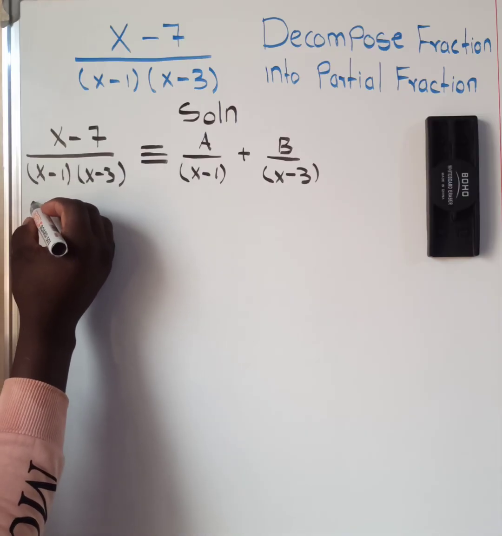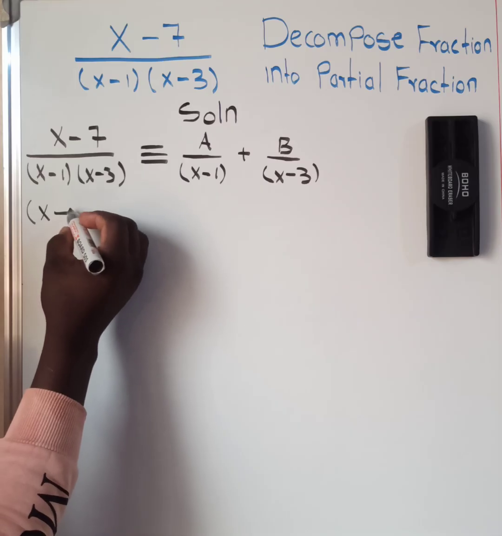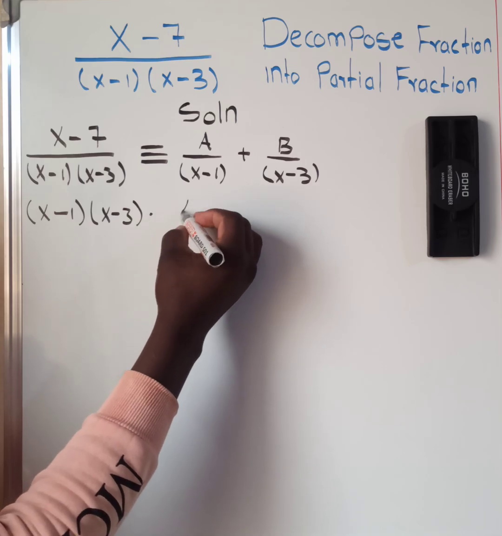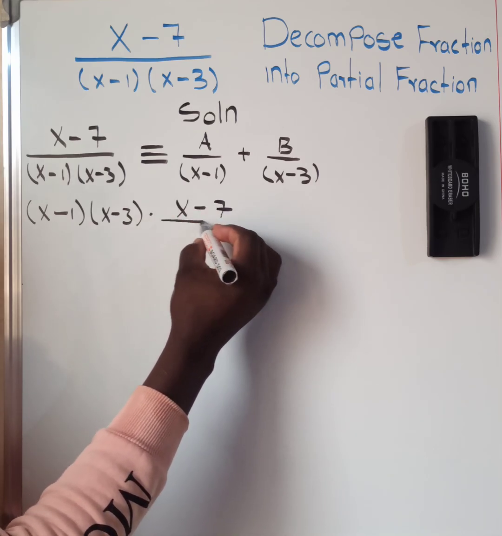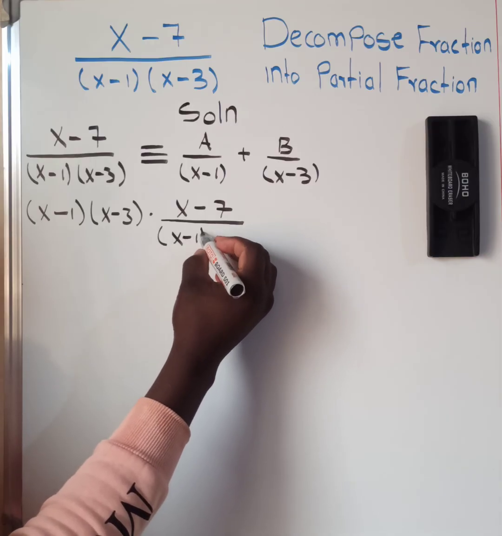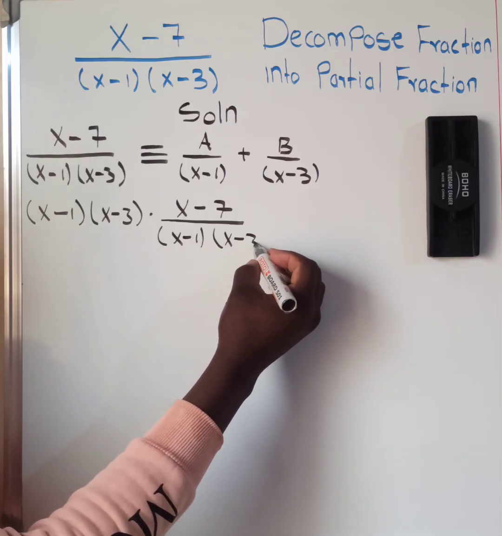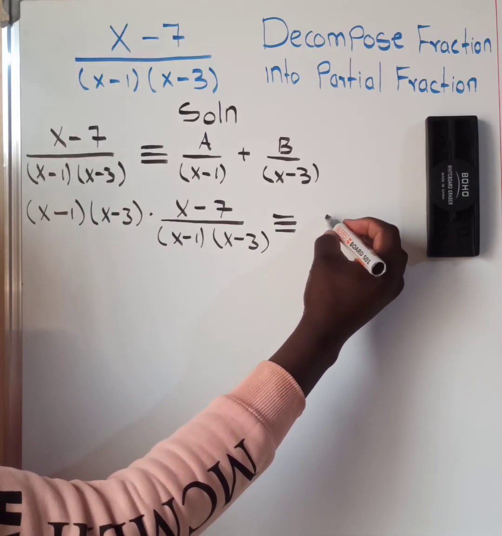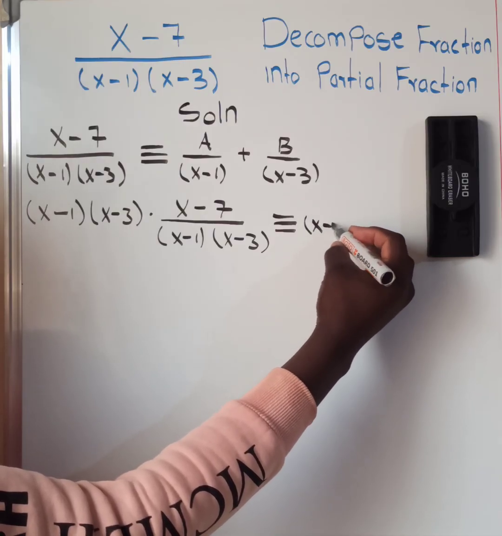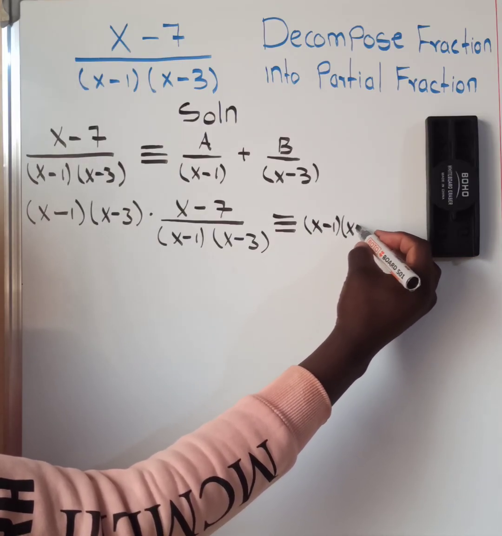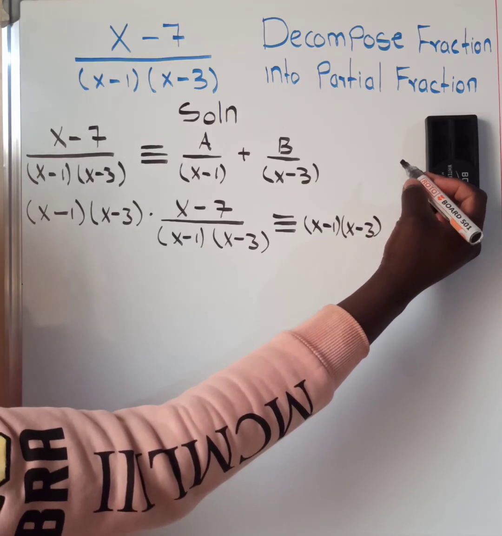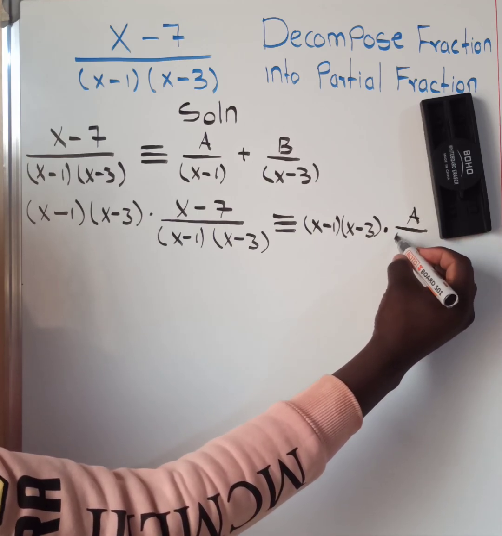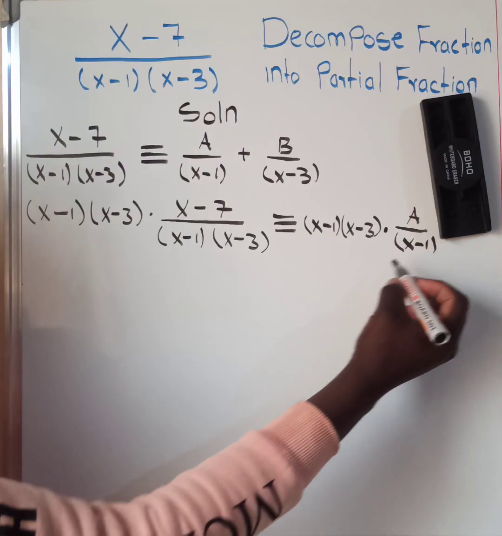So we have to say here (x minus 1)(x minus 3) times (x minus 7) over (x minus 1)(x minus 3) is equivalent to, let's say, (x minus 1)(x minus 3) times A over (x minus 1), then we close the bracket.